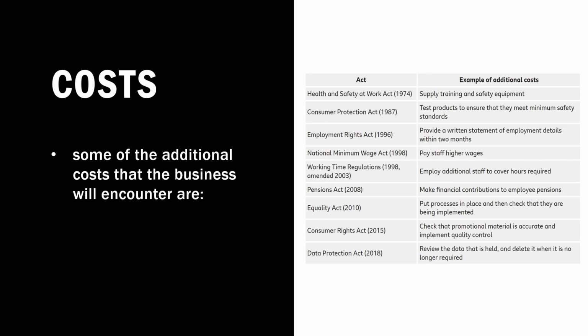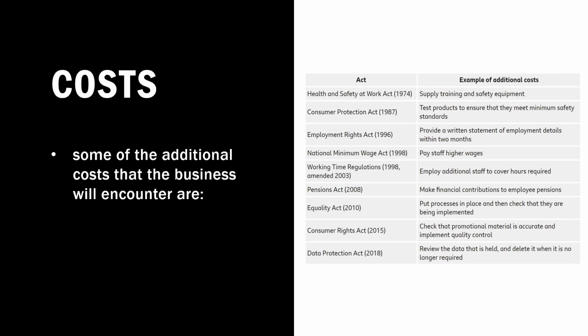Part of the Employment Rights Act, they have to provide a written statement of employment details within 2 months. Part of the National Minimum Wage, they have to pay staff higher wages. Working Time Regulations, so they have to employ additional staff to cover hours required.